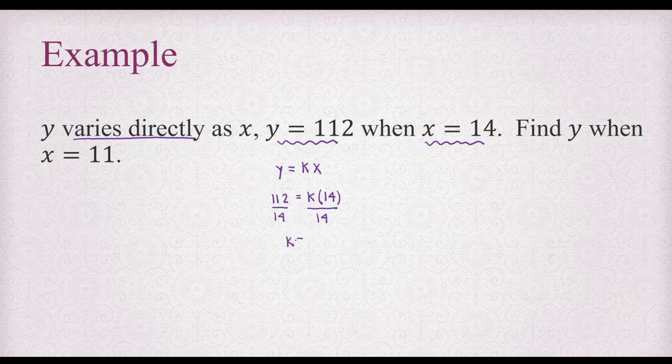And so we get the variable k to be 8. So that means we really have an equation y equals 8 times x. And now if we use this equation, it says find y when x is 11. So now we're going to substitute 11 in for x, keeping that variation constant 8. So when we multiply, we get y to be 88. And that would be my final answer.